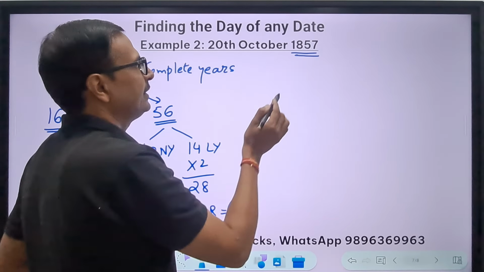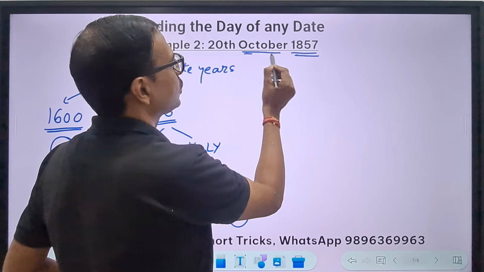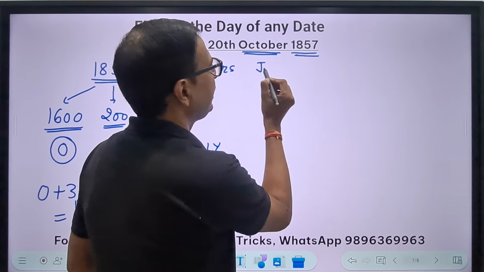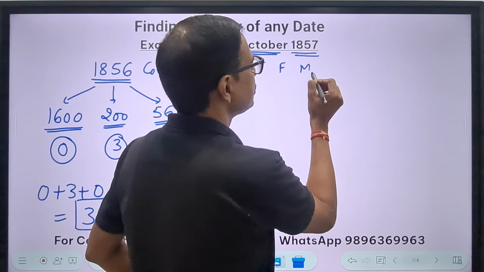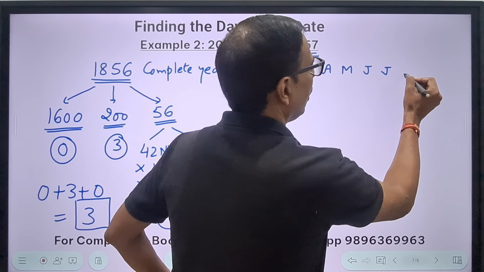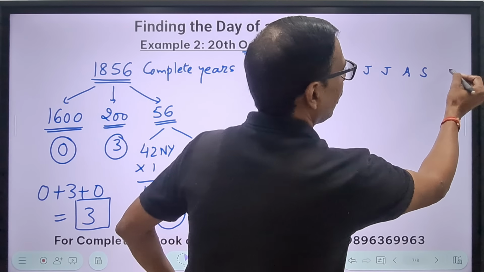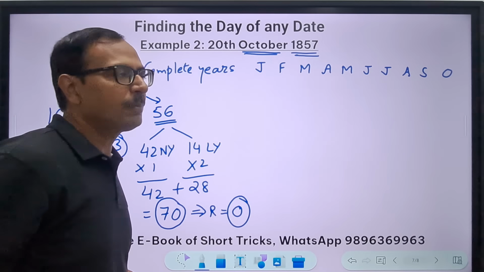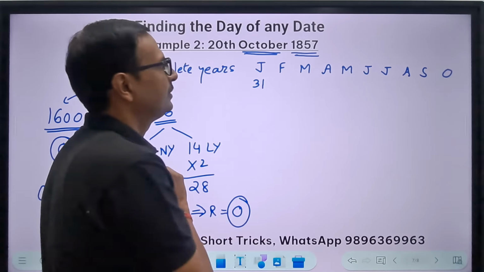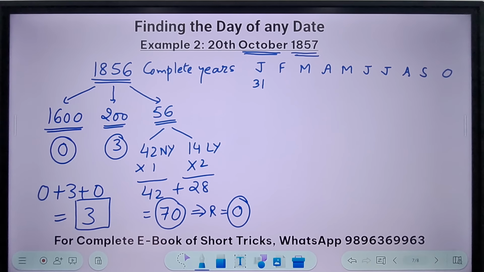1857 is going on, right? And we are on 20th October. So in the months of January, February, March, April, May, June, July, August, September, October. See, I've written all months. We know that there are 31 days here, and now the important thing is February.